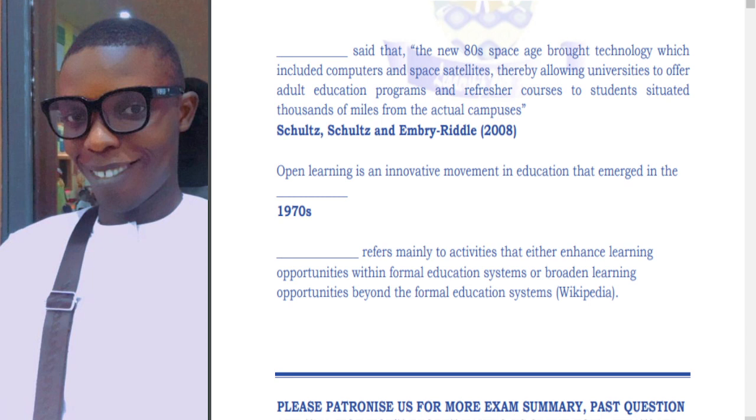All right. So we have been having distance, but open learning came in 1970. That's what they told us earlier, that distance education was like a term, or concept that bettered open learning.